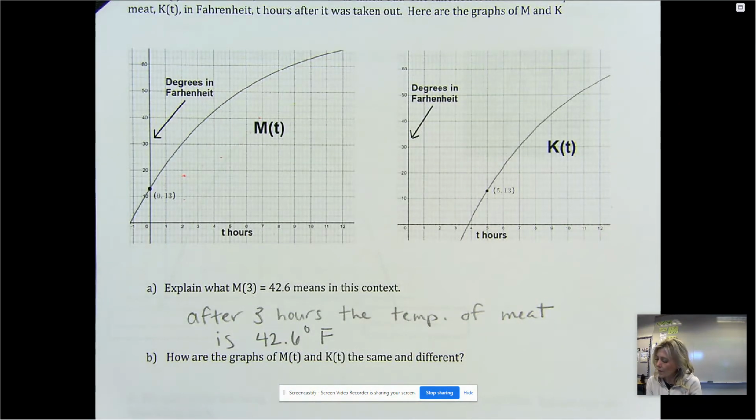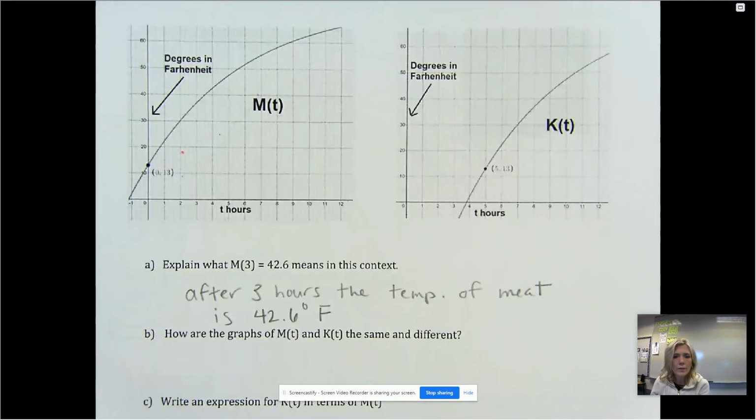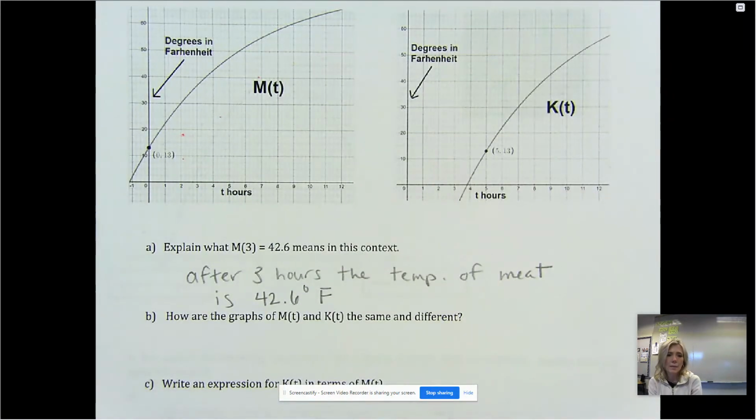How are the graphs the same and how are they different? Well, they're the same because they are representing the meat thawing at the same rate.